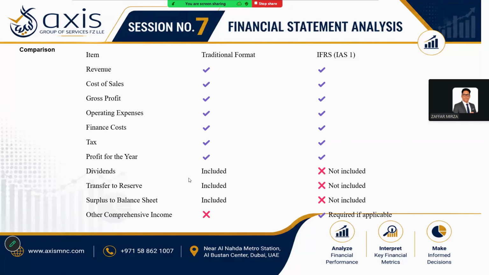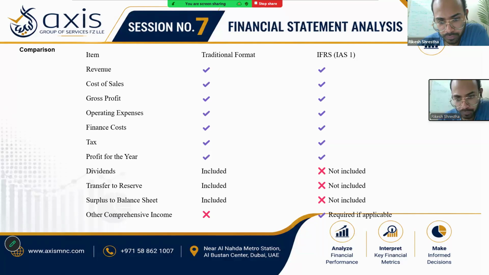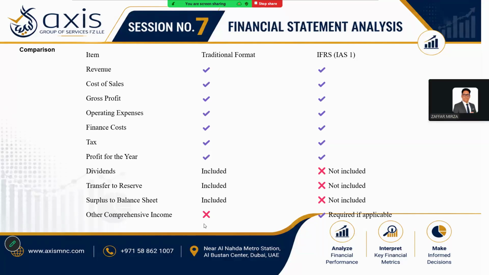Now, dividend, transfer to reserve, surplus to balance sheet: all this and other comprehensive income is not included. Slowly, other comprehensive income will not be part of it.